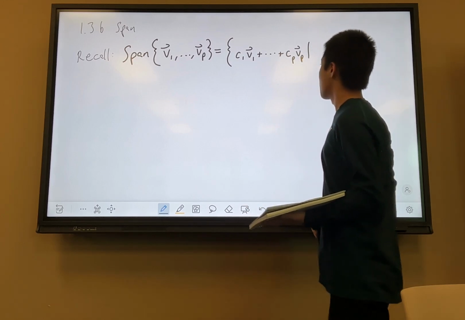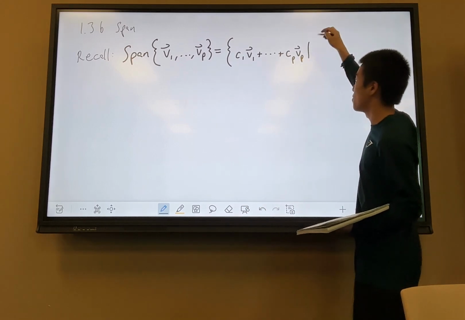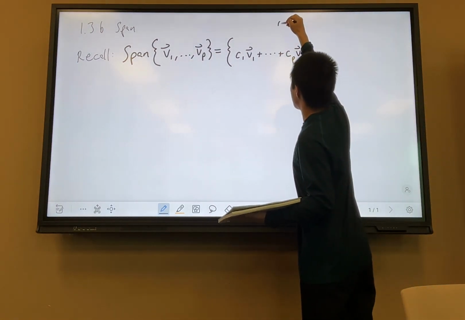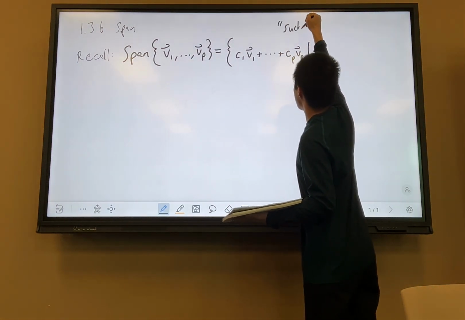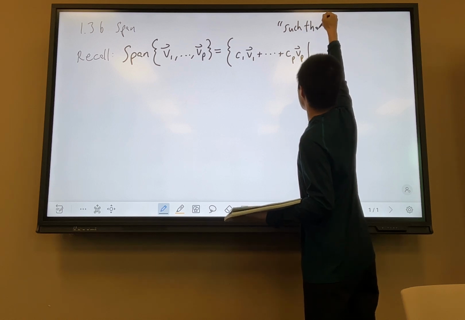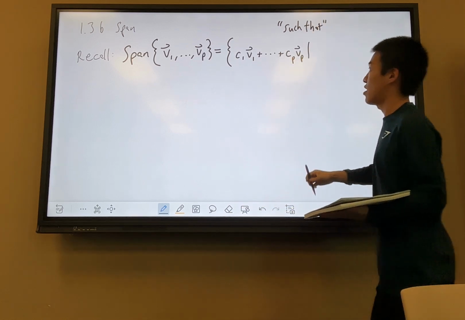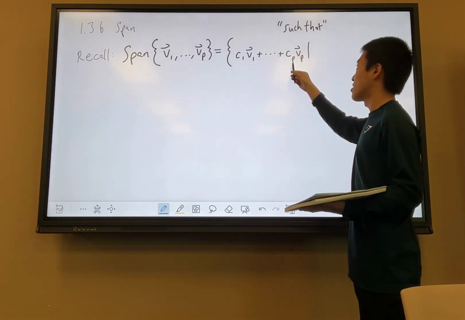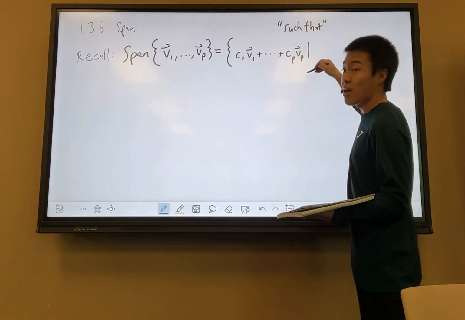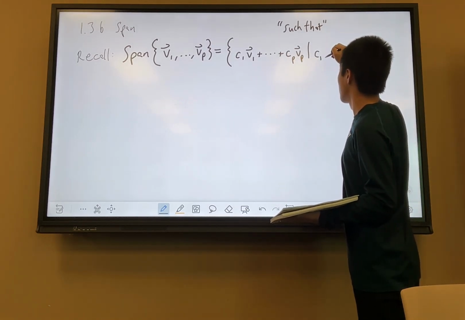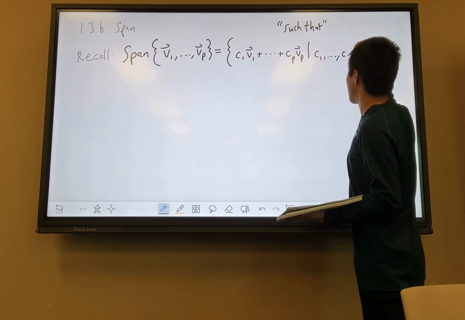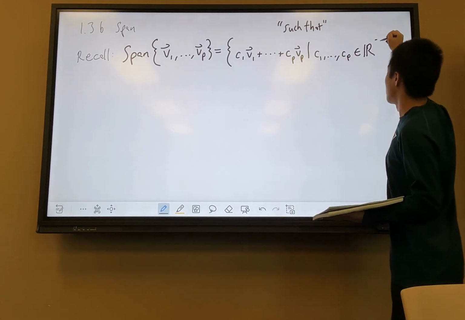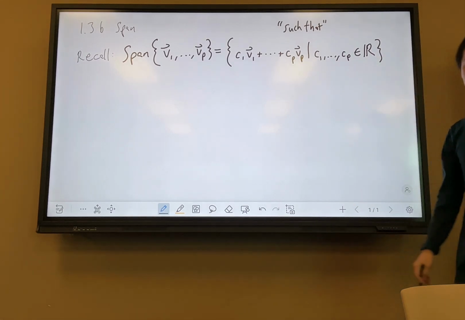And then the only condition we need to specify, so this tall bar in set notation is the words such that, basically just a condition or clarification on something beforehand. So c1 v1 through cp vp, such that we need the c1 through cp to be just scalar values, in other words, real numbers.